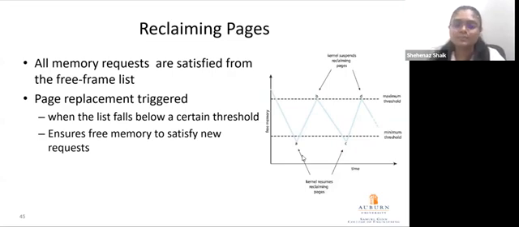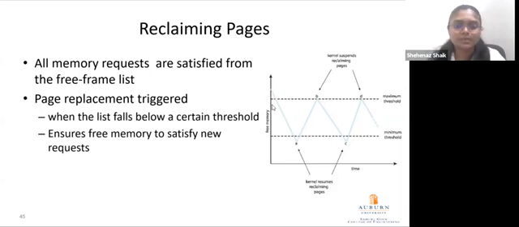Okay? So for that reason we need some kind of a trade-off as to how many pages can be written early to the backing store and be maintained as part of the pool of free pages, free frames.